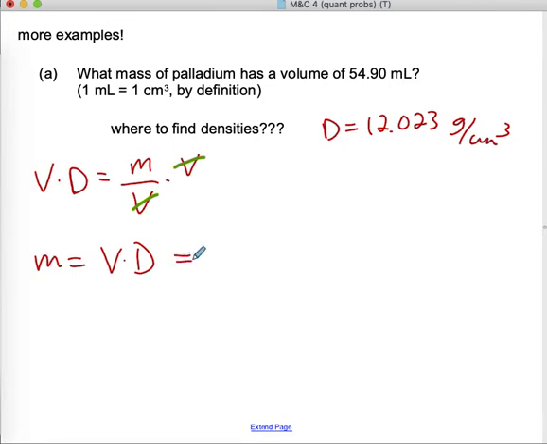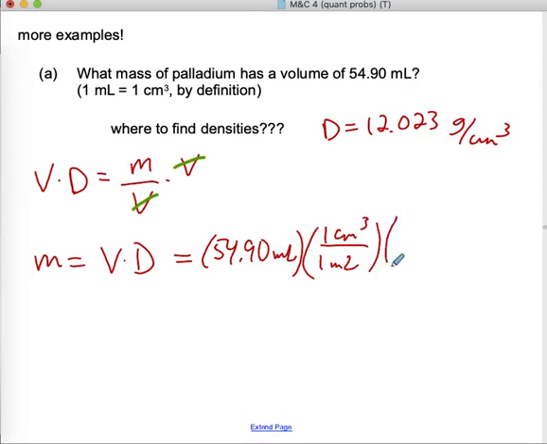My volume is 54.90 milliliters, which I'll convert to cubic centimeters by multiplying by 1 cubic centimeter over 1 milliliter. And then I'll multiply by the density, which is 12.023 grams per cubic centimeter. Let's check our unit cancellation. Milliliters cancel milliliters, cubic centimeters cancel cubic centimeters. We're left with grams, which is what we want.